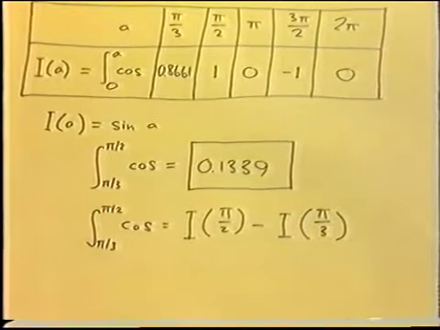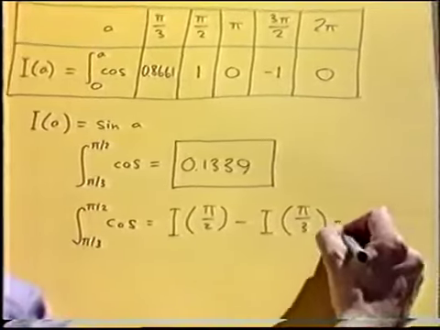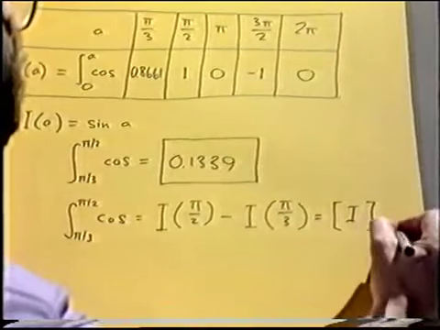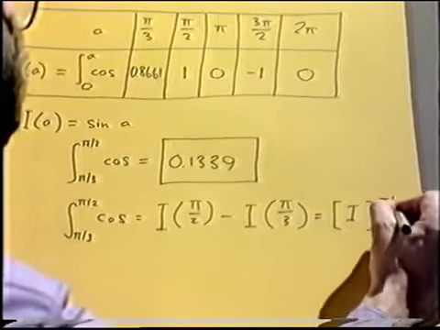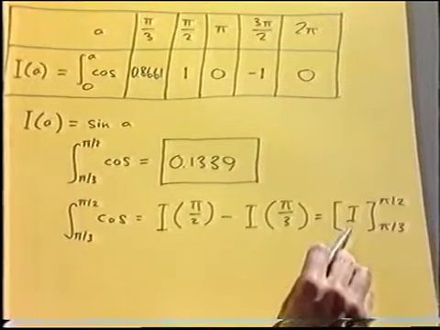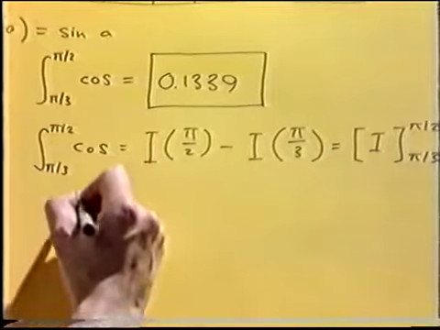And you've seen this sort of thing before. We even had a notation for it. It's this, where I is the integral from 0 function. You may remember using this notation for x to the 5th. You had this.